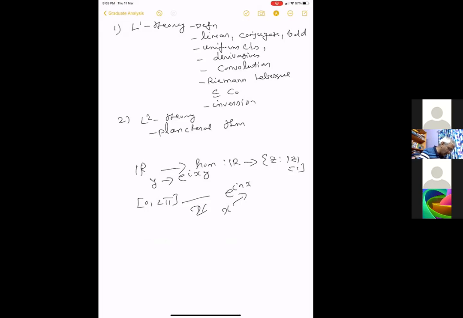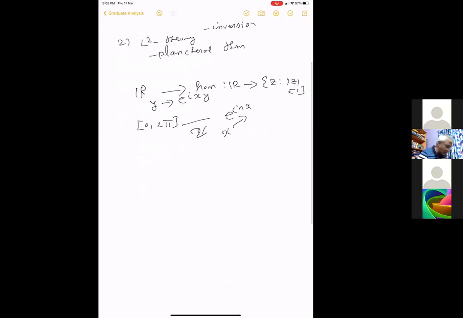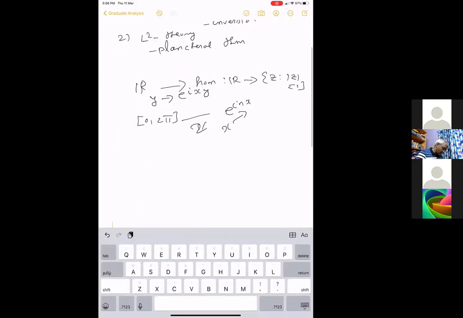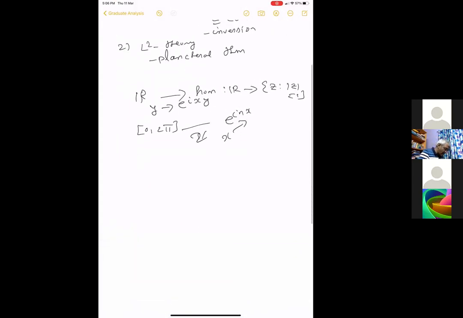So when you take the circle, the interval 0 to 2 pi, the Fourier series is a function on the integers. If you have an F on 0 to 2 pi, or you can take any interval, you have to normalize the Fourier transform.